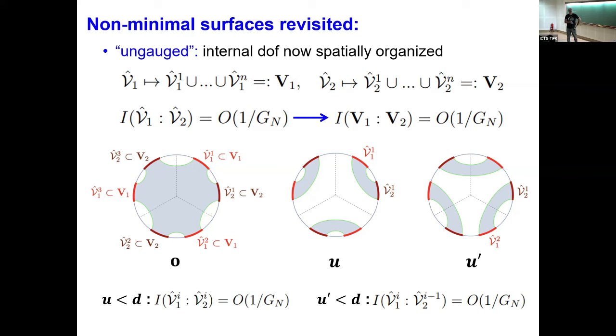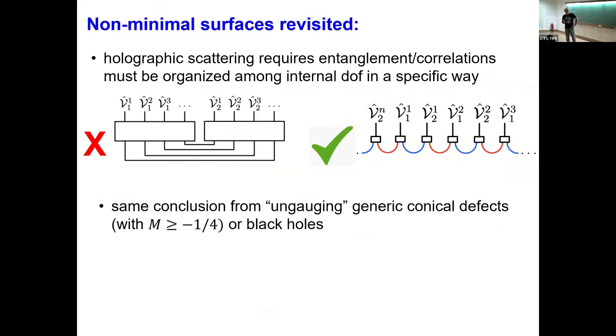And so what this is suggesting is that, again, the entanglement entropy isn't distributed in some way that mixes all of the regions together, but the entanglement is arranged in a very particular way in the covering space that's connecting neighboring regions.